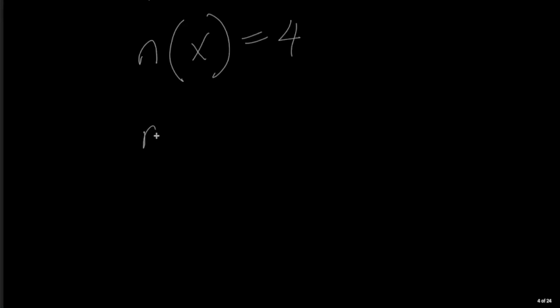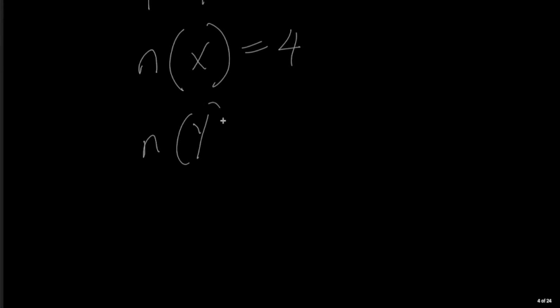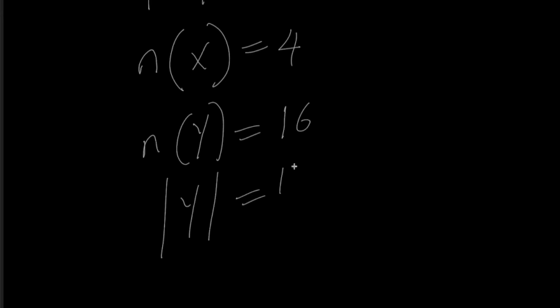The cardinality of Y is equal to 16. So also know about cardinality and how to represent it. The next thing we need to look at now is union of sets.